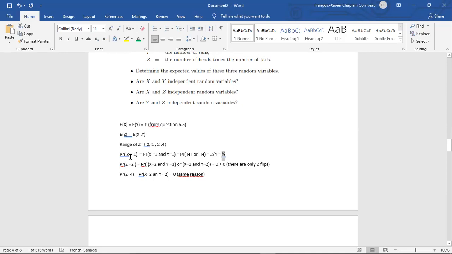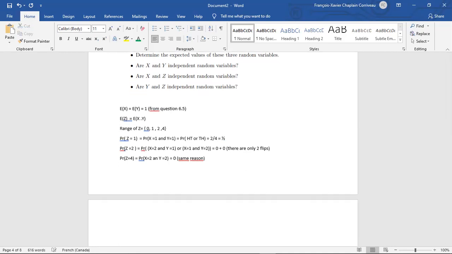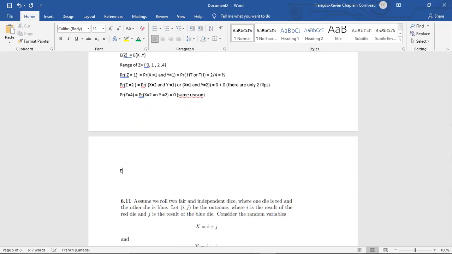So z is equal to a half. So again, I'll just write this. So the expected value of z is equal to 0 times the probability that z is equal to 0 plus 1 times 0, plus 2 times 0. No, it's not 1 times 0, it's 1 times a half, sorry. Plus 4 times 0. That's just a half.